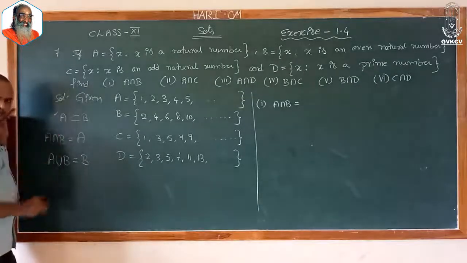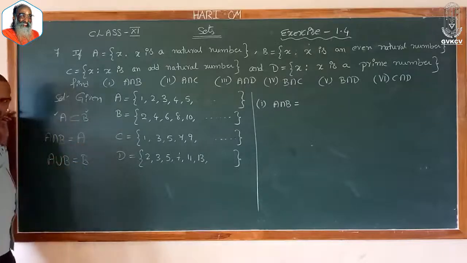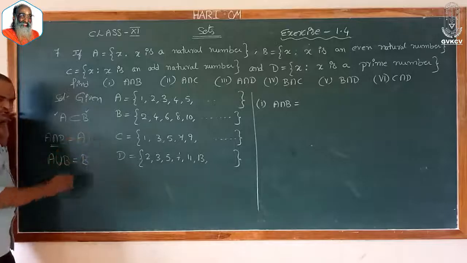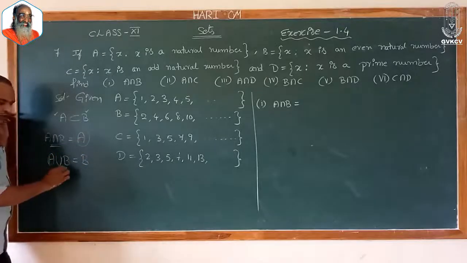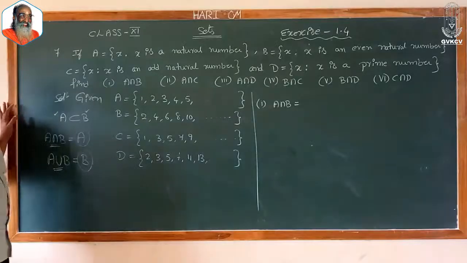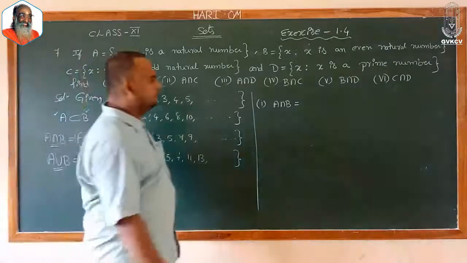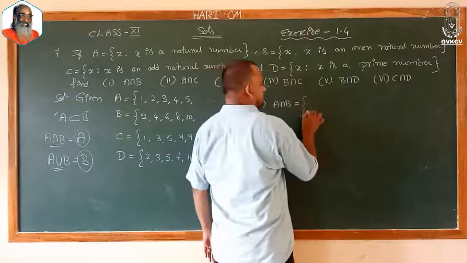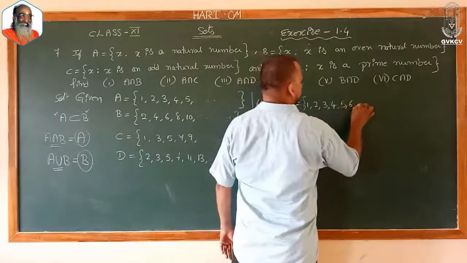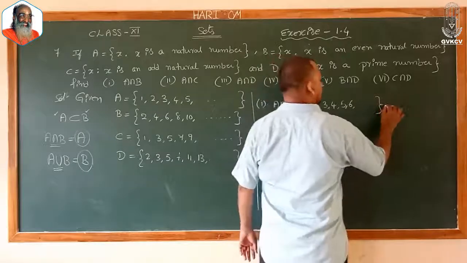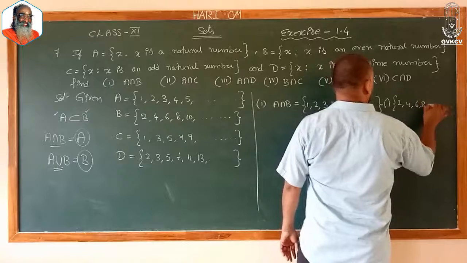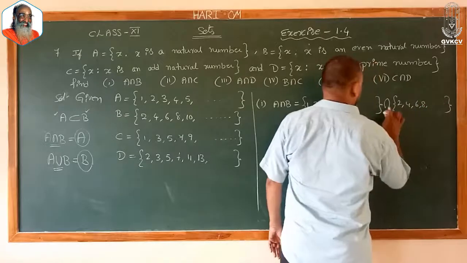When A is a subset, B is a superset. When we talk about intersection, we have the small set as the answer. When we talk about union, the big one is our answer. In this concept, A intersection B: 1, 2, 3, 4, 5, 6 and so on, intersection 2, 4, 6, 8 and so on.